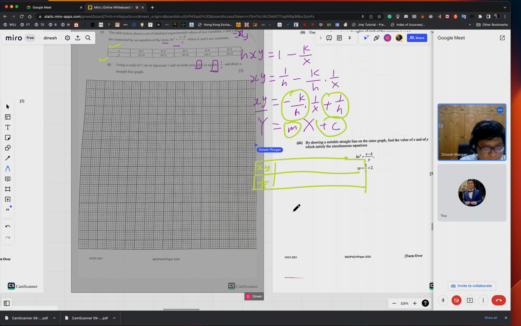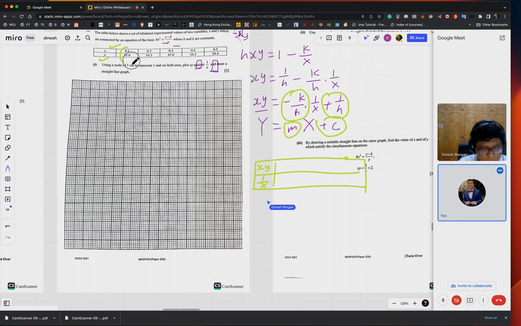So you take this times that, which will give you xy, and then you need to use 1 divided by 0.1. So it's 1 divided by 0.1, I think is 10, right? Then this is 5, right? Then 1/3 is 3, right? And this one is 1/4. No, 4 over 10, so it's 2 point. Can you help me out?